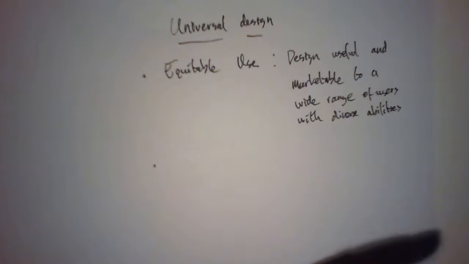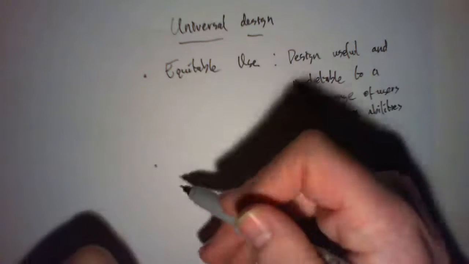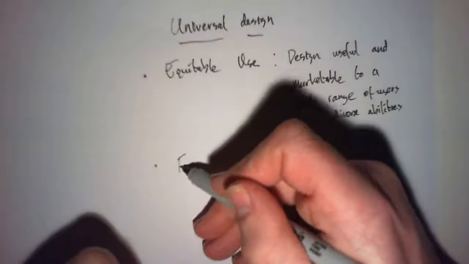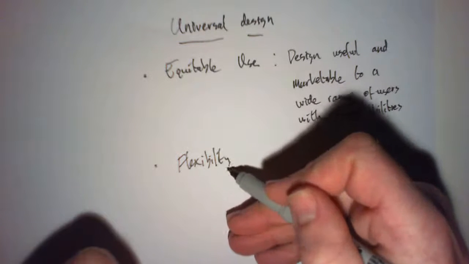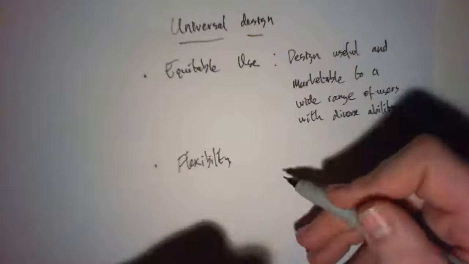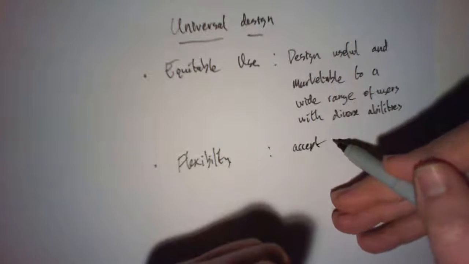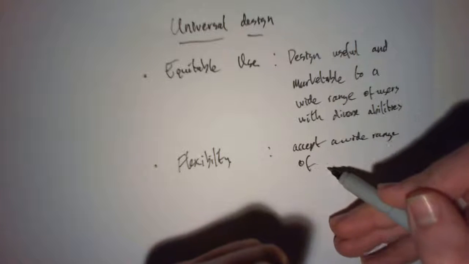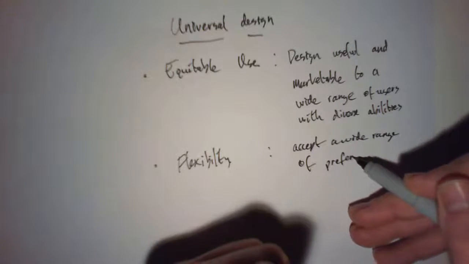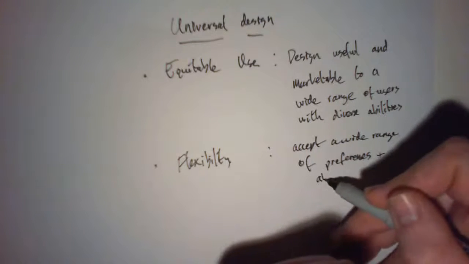Okay, so the second principle is probably a tougher one to nail down, but I'll give it a shot anyway. The second principle is the principle of flexibility. In other words, can your design accept a wide range of preferences and abilities, I suppose?